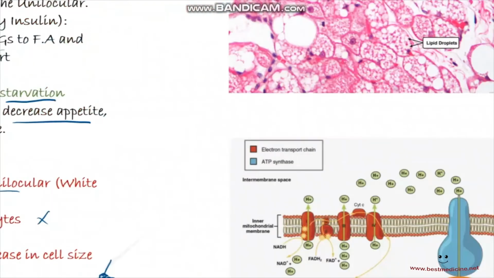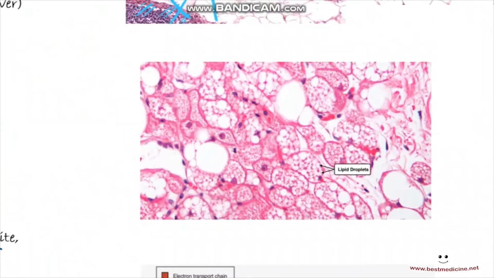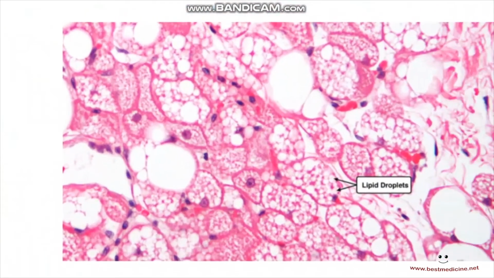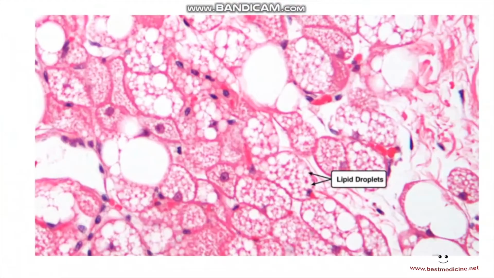Okay. So here's the image of brown adipose tissue. Alright, so in this image we immediately see that the cells have multiple lipid droplets, right? So these cells have multiple lipid droplets, and we can immediately see in almost all of the cells here that, for example, let's take this cell right here.